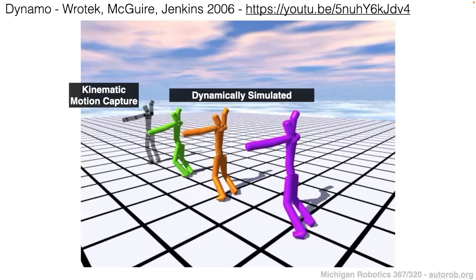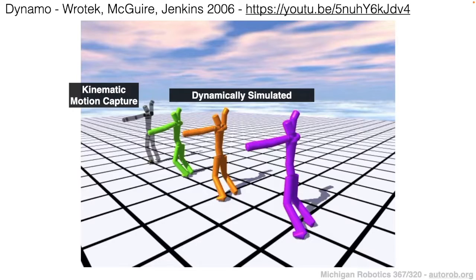It's essentially just replaying the set of poses that an actual human being was taking over time. It's a playback of pre-recorded kinematic data capture, so it doesn't take into consideration any forces acting on the human. It's just recording the poses that the human was taking to illustrate this idea of kinematics.